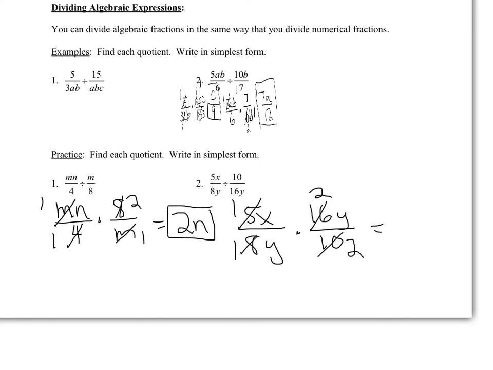So in the numerator, I basically have 2, and I can do y divided by y, which is 1. So I have 2x when I multiply there, over 2. Now, if you notice, I actually could have divided those 2s. 2 divided by 2 is 1, so really our final answer here is x.